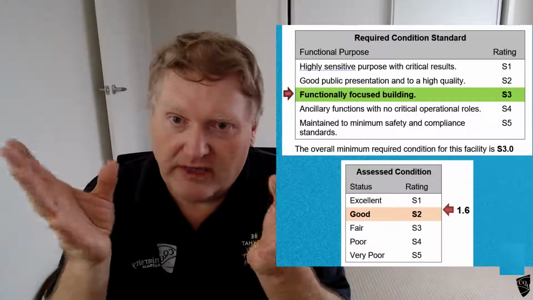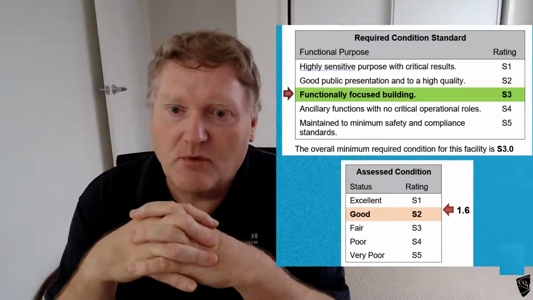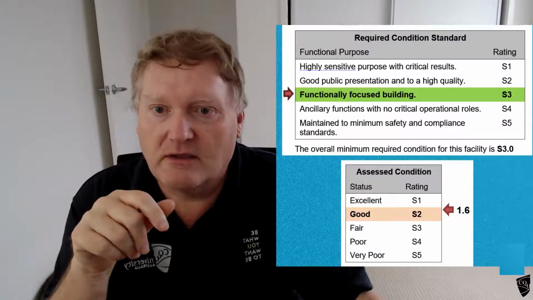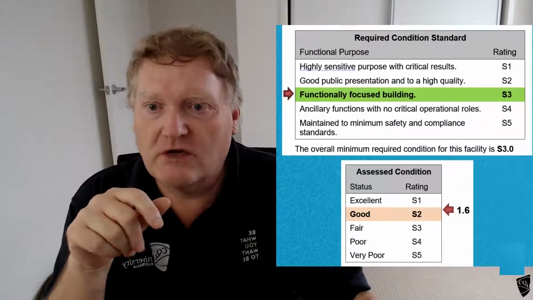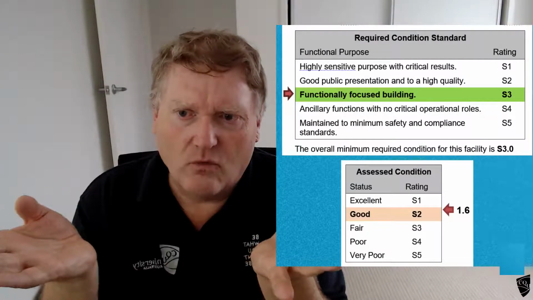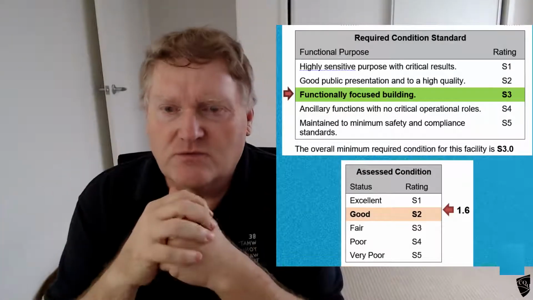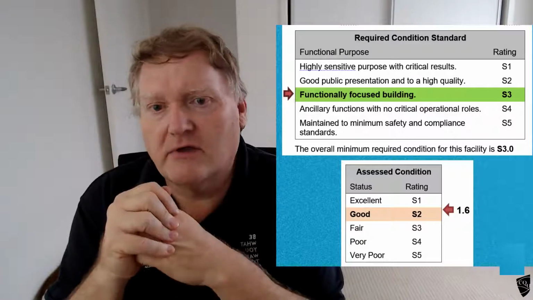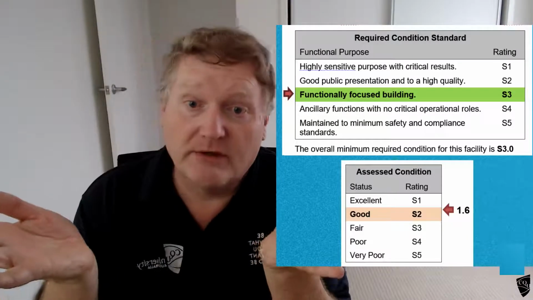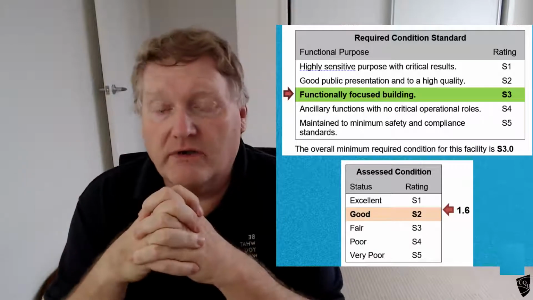The example I've got here is a council-owned swimming pool. They decided that a swimming pool that the public are using all the time is a functionally focused building, which is the majority of ordinary buildings, to be honest, and their notation is an S3, which is quite a common notation to use.